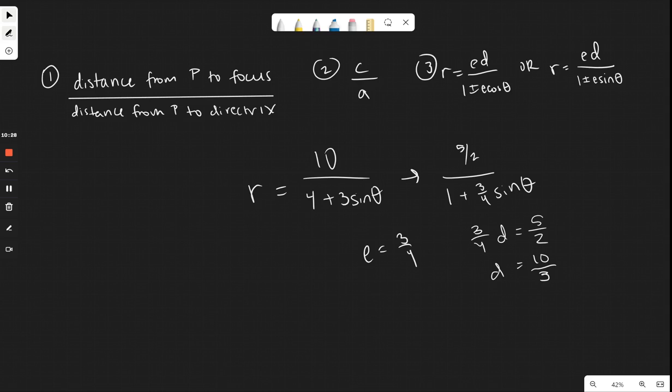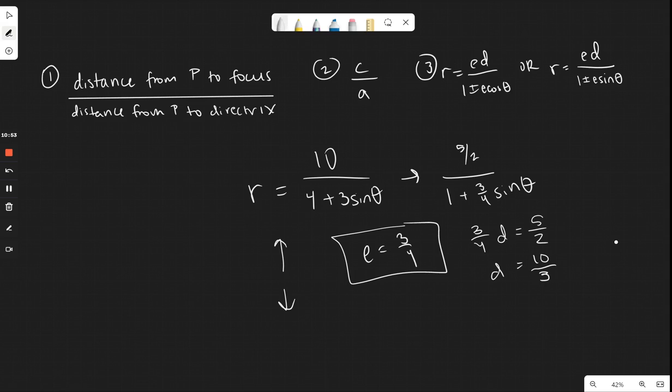Okay? And so this means, especially since eccentricity is 3/4, which is in between 0 and 1, this is an ellipse. So one of the directrixes, plural directrix, is determined by the plus. Since sine deals with up or down, the plus means it's above the pole.